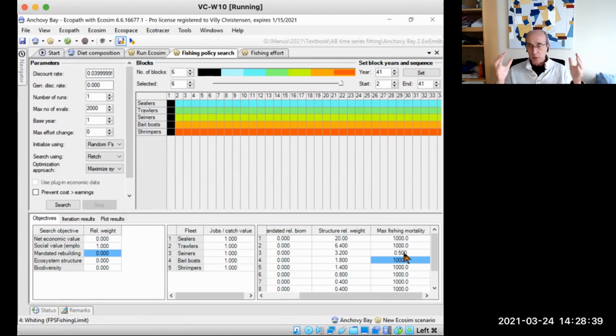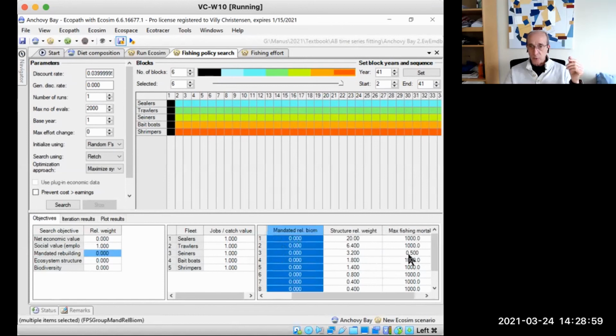So you can put bounds on these, and then you get more sensible output. There can be clauses saying we don't want to see species going below a certain level, and you can also do that with mandate rebuilding, of course. So you have two handles here for how to do that.